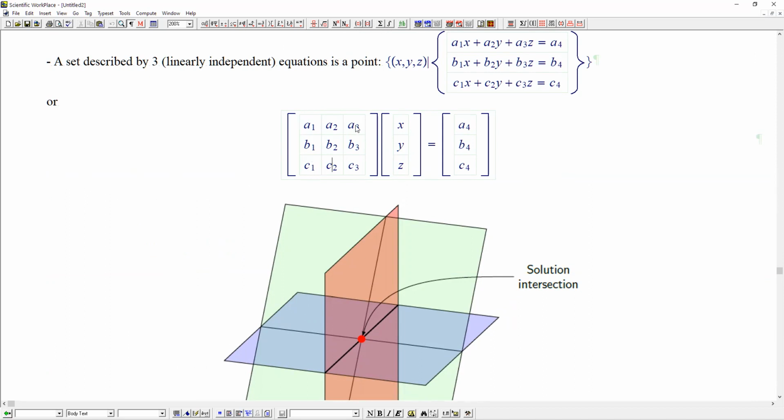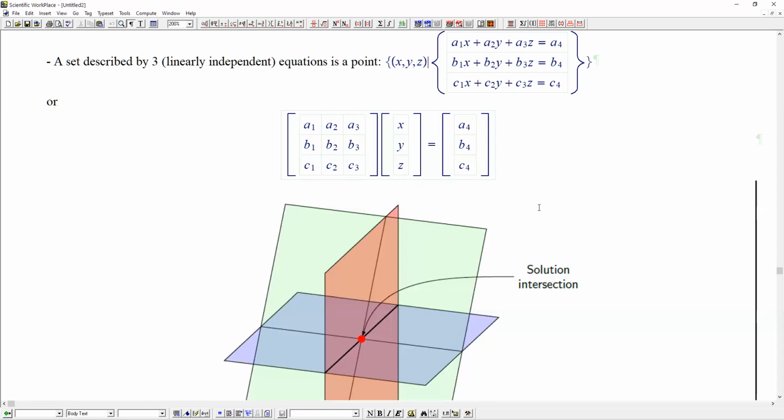If I start with the first row, for instance, it's the first element times the determinant of the remaining matrix, minus the second element times the determinant of this remaining matrix, plus the third element times the determinant of this. And if it was a 4 by 4, it would be again the same thing. You pick a row or a column and you alternate the signs, minus, plus, and you compute the determinant of the remaining matrices each time.